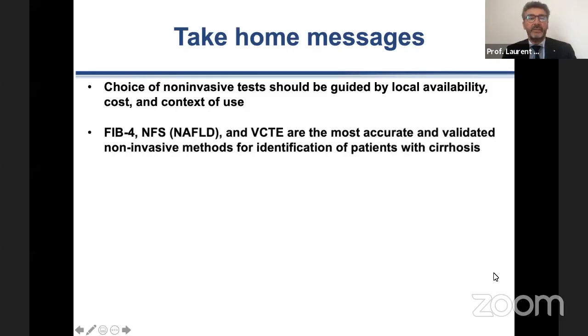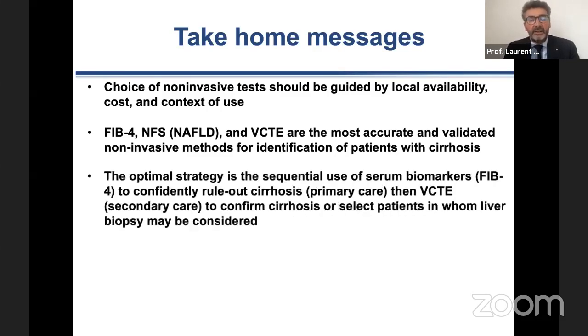Okay. FIB-4, NAFLD fibrosis score in NAFLD, and transient elastography are the most accurate, widely available and validated non-invasive methods for identification of patients with cirrhosis. The currently optimal strategy is the sequential use of tests, starting with serum biomarkers. FIB-4 is probably the most suited to primary care because it's very simple: transaminases, platelets and age.